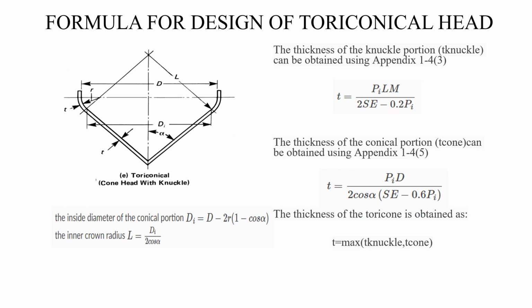So moving ahead, formula for design of toriconical. So toriconical is a combination of torispherical and conical. Okay, torispherical and conical. So hence we always use two thickness formulas.